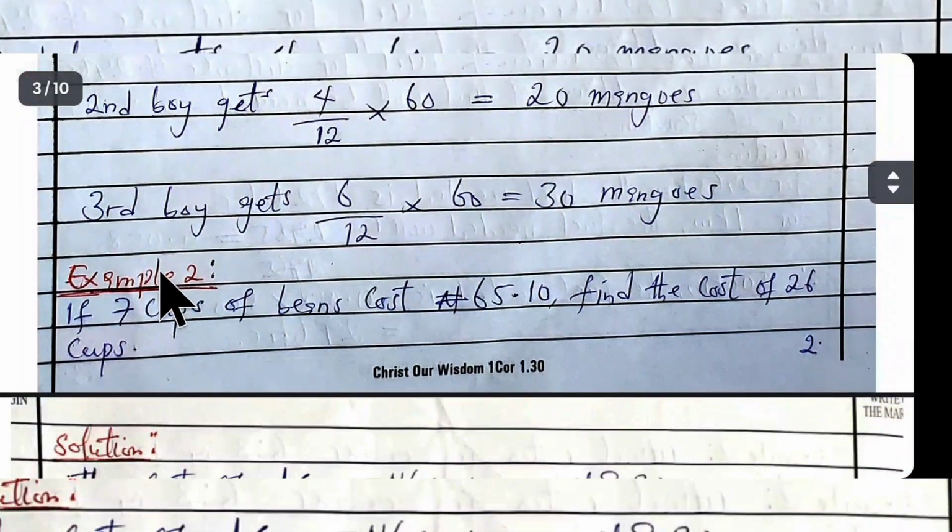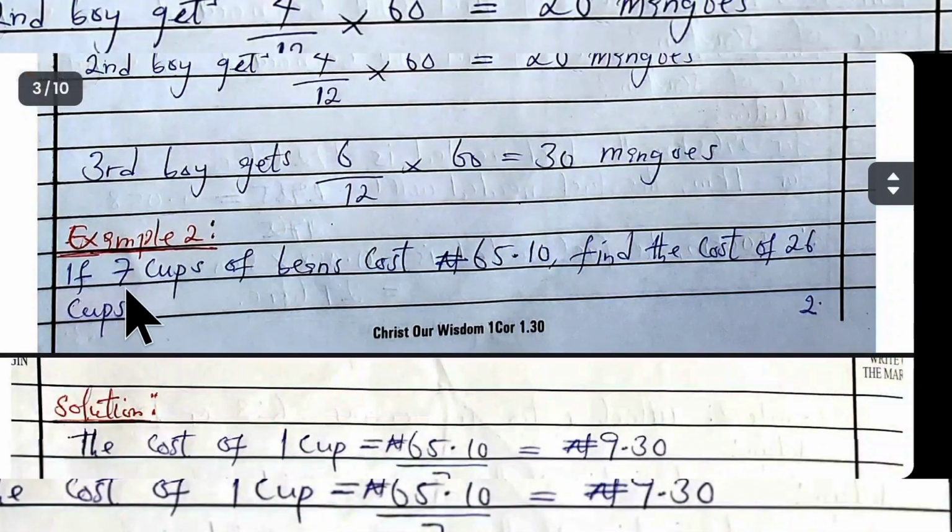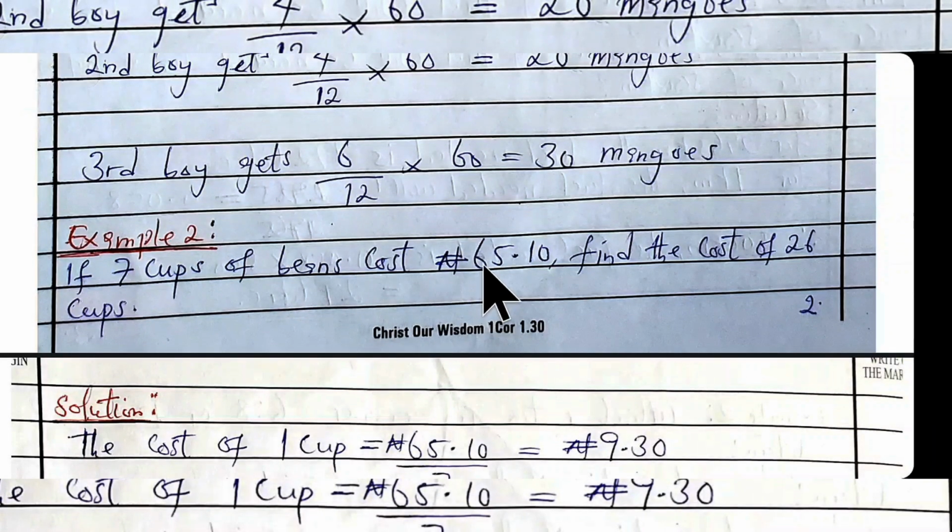All right, now we have example 2. If 7 cups of beans cost 65.10 naira, find the cost of 26 cups. Now, if 7 cups will cost this kind of money, what is going to be the cost of 26 cups?